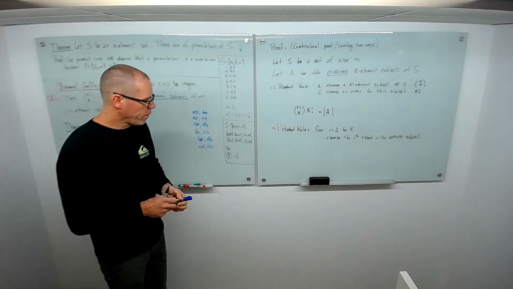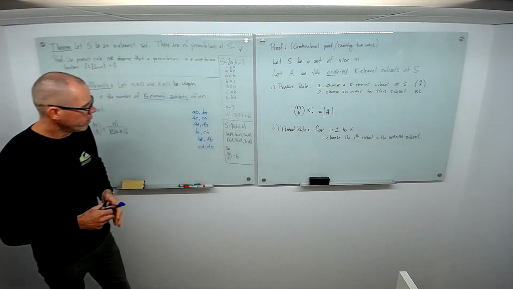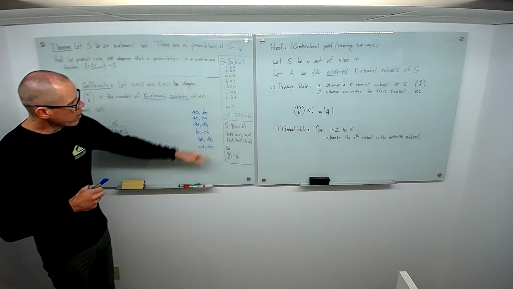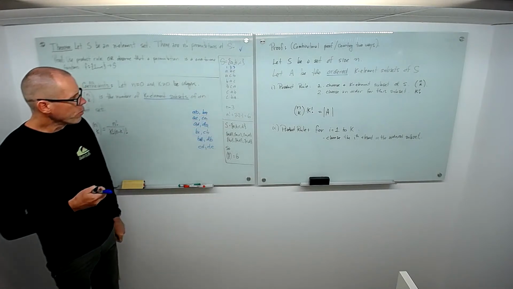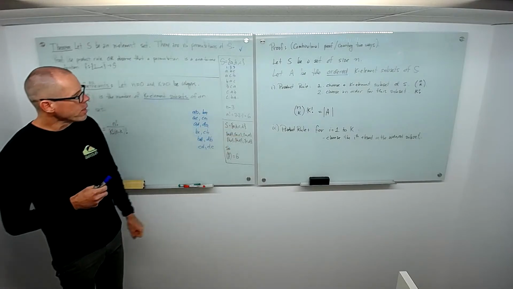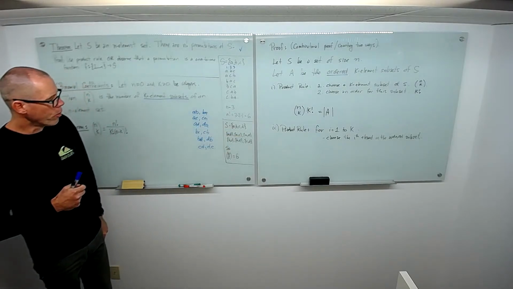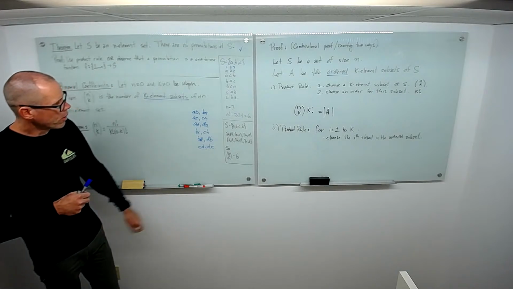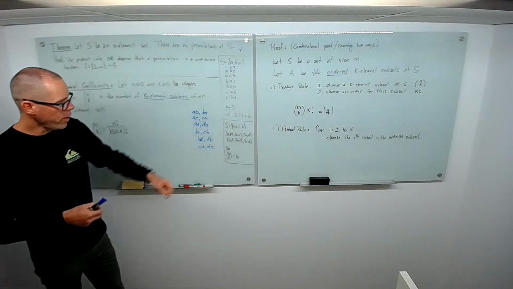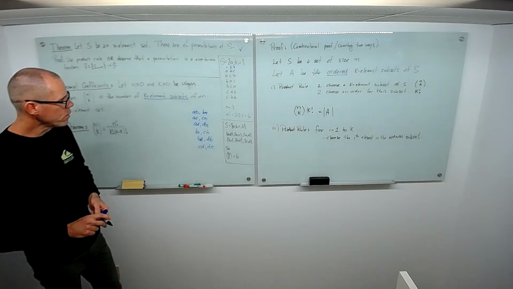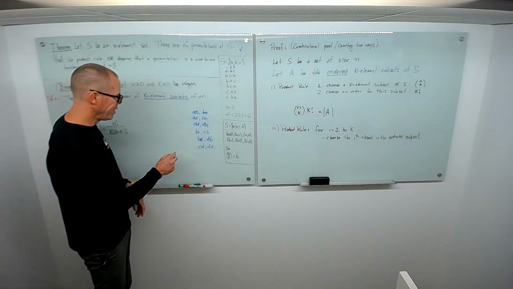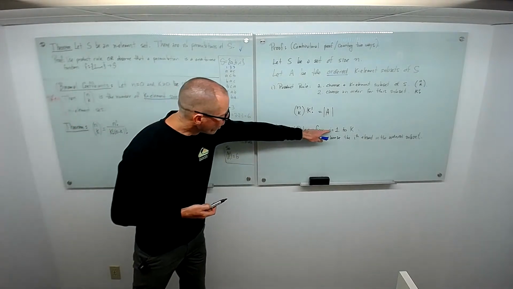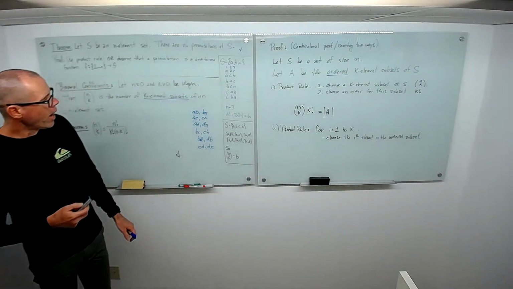So how does that work? The example here is if I want to generate a two-element sequence consisting of distinct elements of S, so an ordered subset, then I choose the first element. S has 4 things in it. So I choose maybe the first element, D. That's when i equals 1. And now i equals 2.